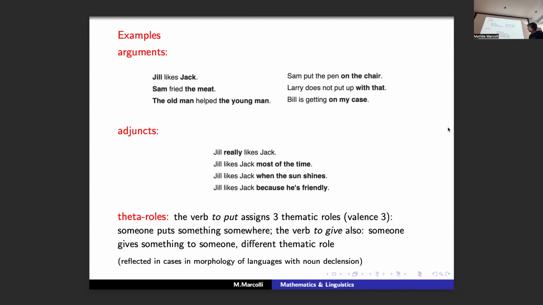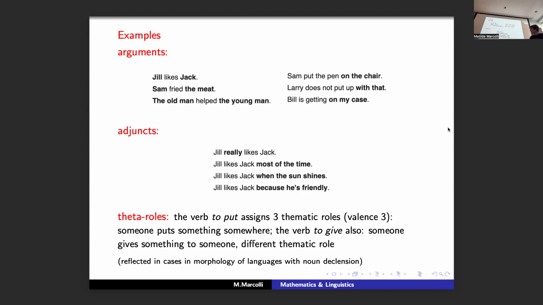And adjuncts are things that are again not mandatory. It could be an adverb, it could be some sentence that qualifies what is happening with some additional information, so it's another full structure by itself that's adjunct to the one you are discussing, but it could be not mandatorily there.